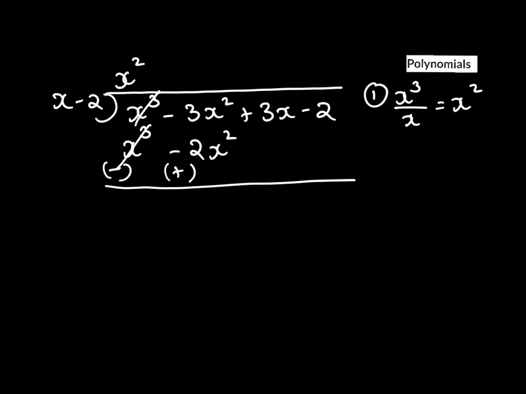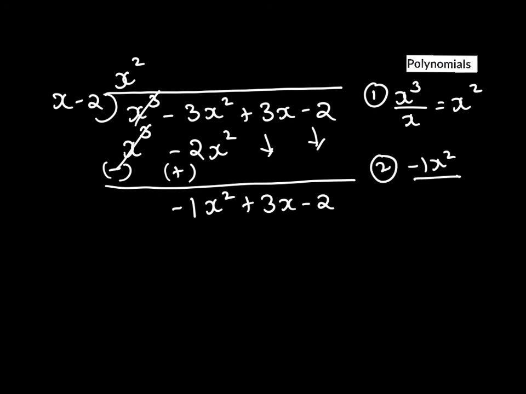Minus 3x^2 plus 2x^2 is minus 1x^2. Bring down the other two terms. To find the second term of the quotient, minus 1x^2 divided by x is going to be minus 1x. It's the same as minus x.